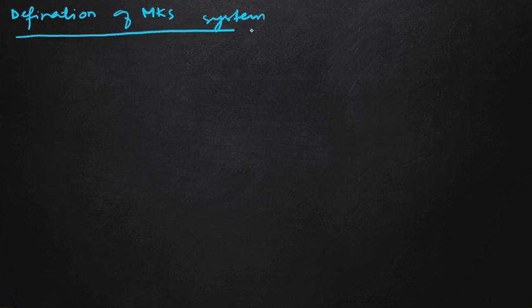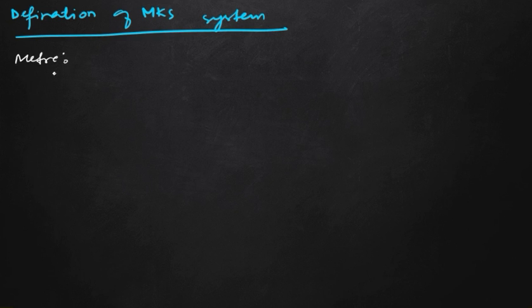Next we have some definitions of the MKS system, that is meter, kilogram and second. The first definition is for M, meter.